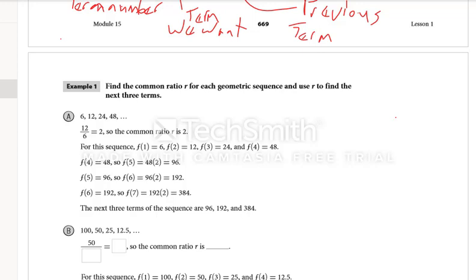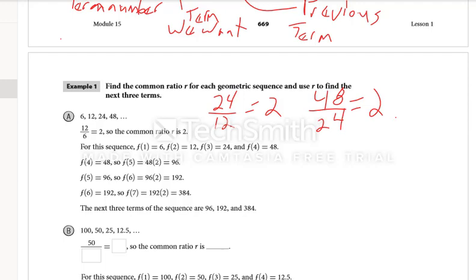Okay, start by taking 2 terms and you divide them. Make sure you take the second term, divide it by the first term. 12 divided by 6, that is 2. Now, it would work with any 2 terms. You could do 24 over 12, that's 2. 48 divided by 24, that's 2.